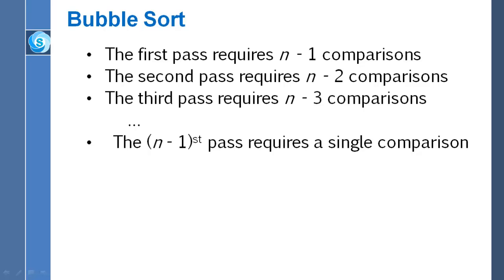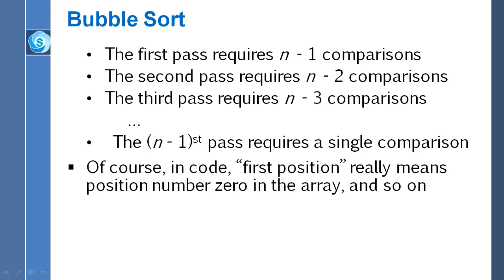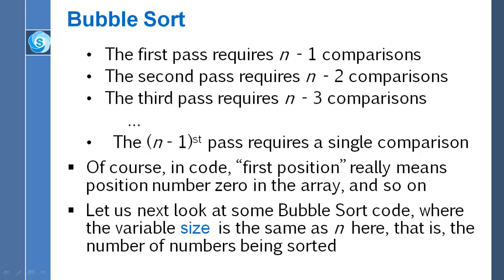A single comparison is all that's required on the last pass. Once again, when I say first position, I'm talking about position 0 in the array, and second position, I mean position 1 in the array, and so forth.